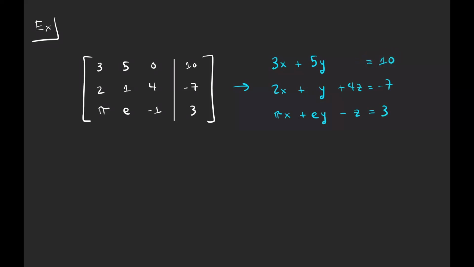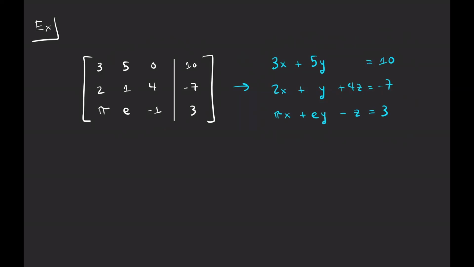And again, right here, we have a system of three equations, three unknowns. This is totally solvable by a college algebra student. They might get scared at the pi and the e, but this is solvable. We could totally solve this for x, y, and z. And this matrix just denotes that system of equations with a bit less handwriting, with a bit less ink, let's say.